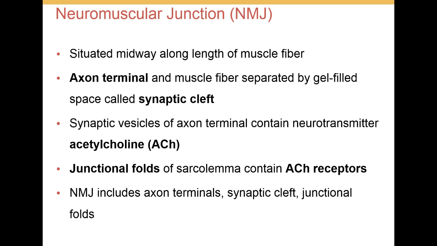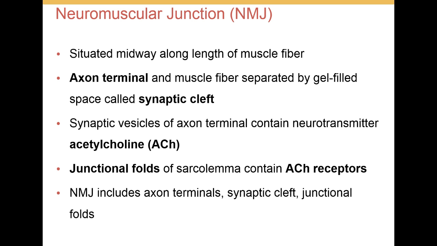But those two structures are separated by a little space filled with some gel known as the synaptic cleft. So it's a synapse. A synapse is a connection between a neuron and some other cell. So this is a cleft or opening at that synapse.